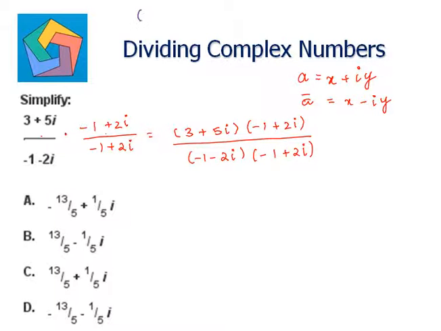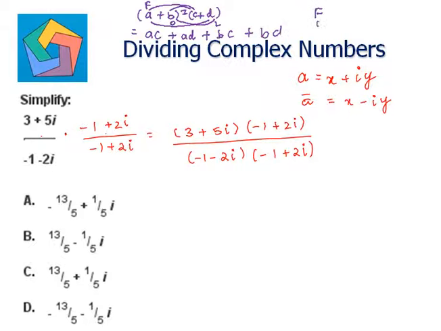FOIL: if it is (a + b) times (c + d), then FOIL is given by F, the first two elements of both parentheses, ac, plus O, the outers of both parentheses, ad, plus I, the inners, bc, plus L, the last, bd.